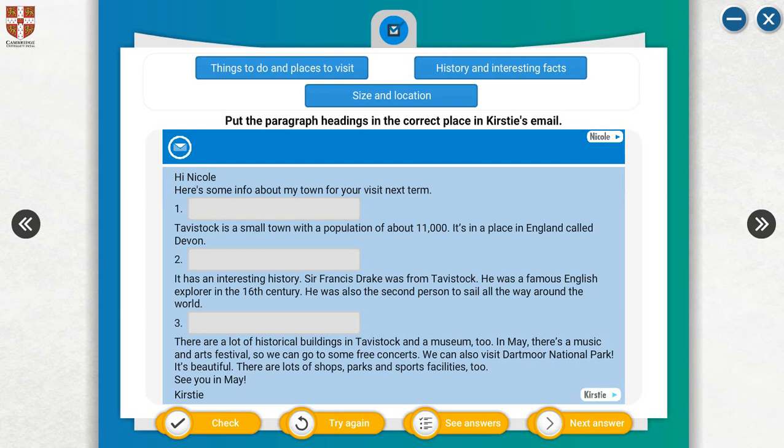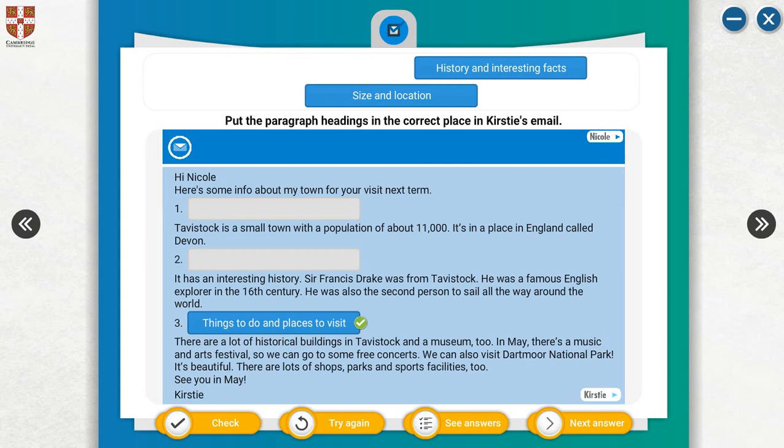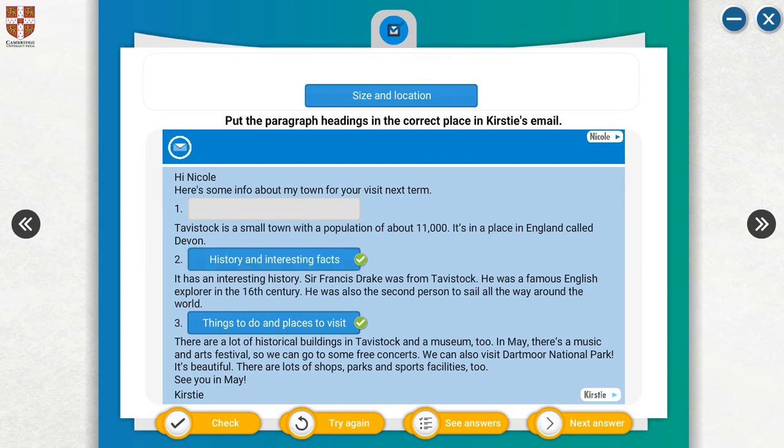And history and interesting facts. She talked about history and interesting facts, number 2, because it has an interesting history. It has an interesting history. She said that, which means history and interesting facts. And the last one, size and location.